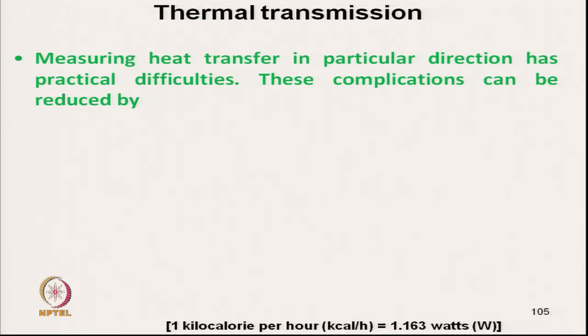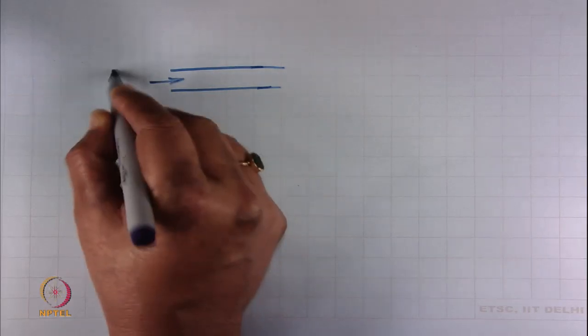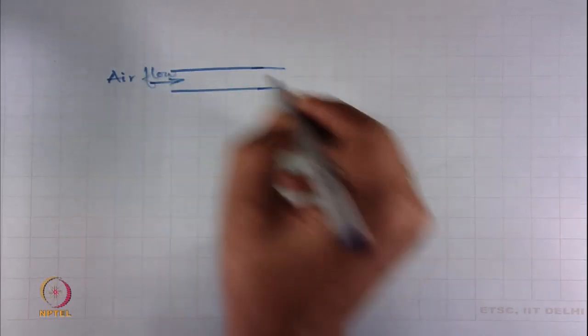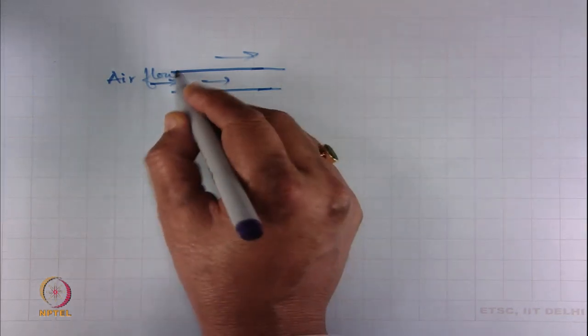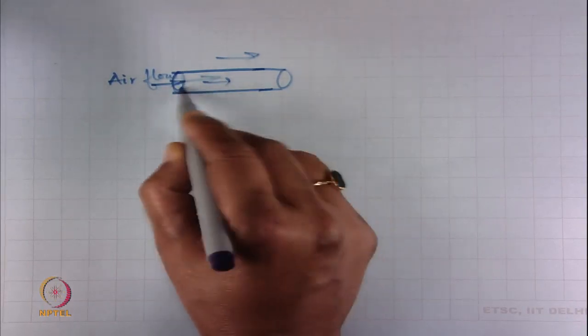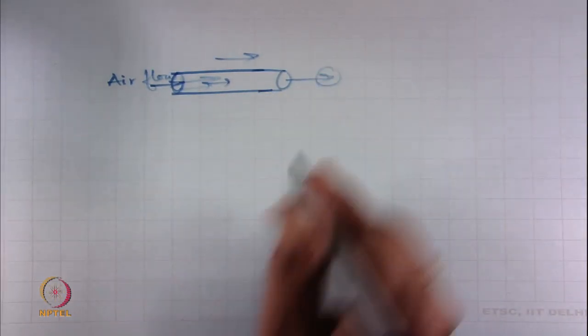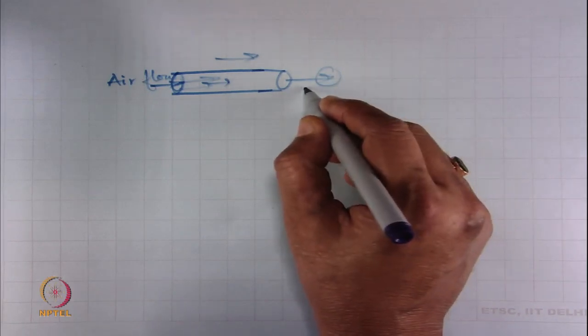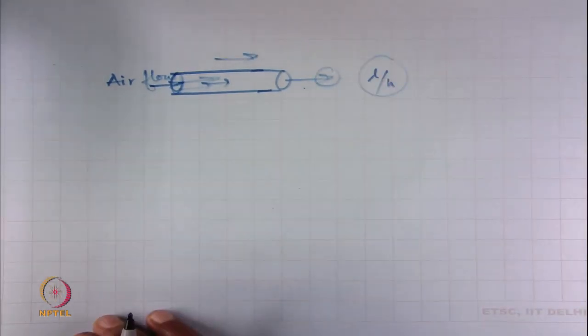As we have seen earlier, if we want to measure air flow in a particular direction, what we have to do is flow the air through a pipe, and this air will flow out, and we can measure the air flow rate in terms of, say, liters per hour.